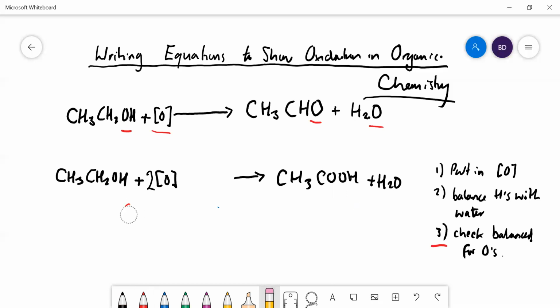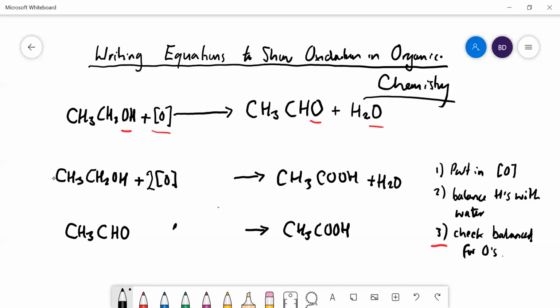Let's do one more. Let's do ethanal going to ethanoic acid. So we've got CH3CHO goes to CH3COOH.